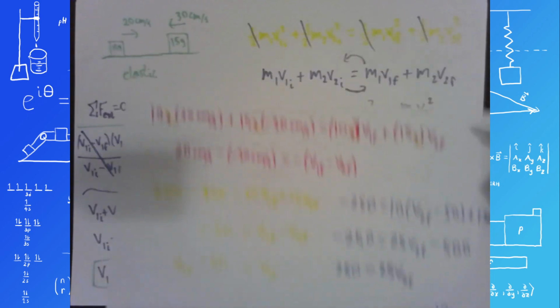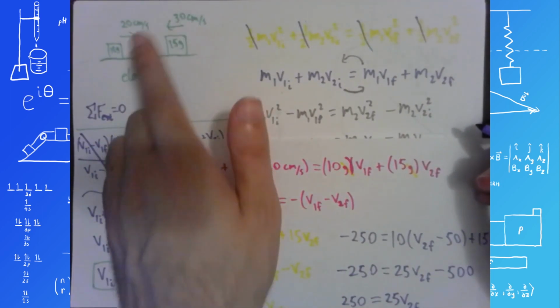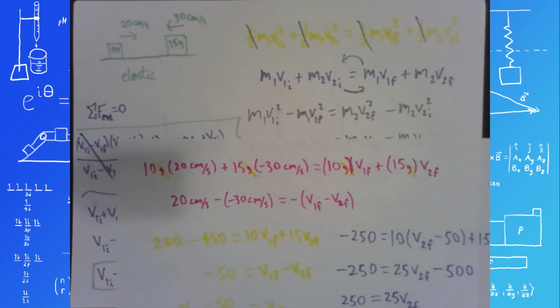Does that make sense? For this thing to be going at positive 10 centimeters per second to the right. Well, going to the right isn't unexpected. The 15 grams is a little bit heavier, so it's not guaranteed to go to the right after collision.